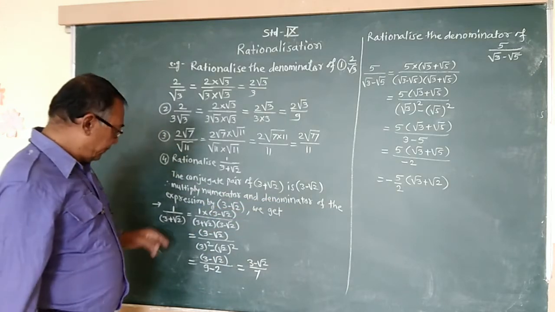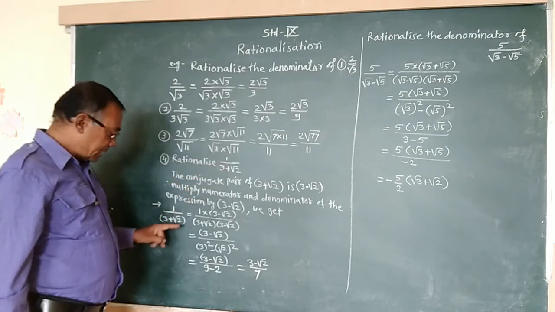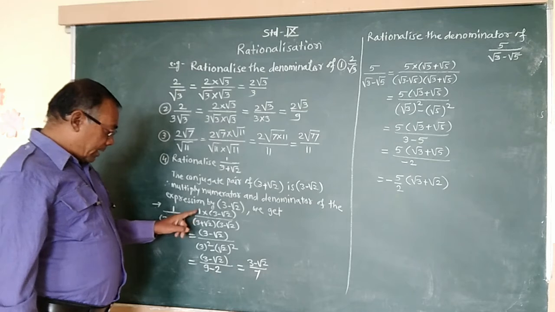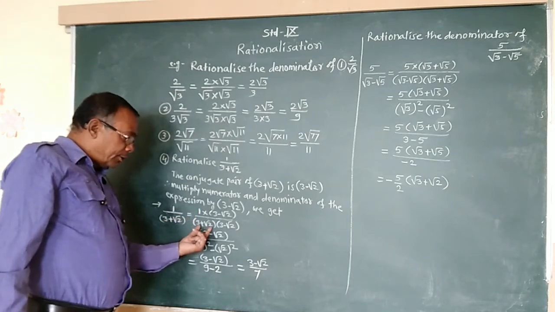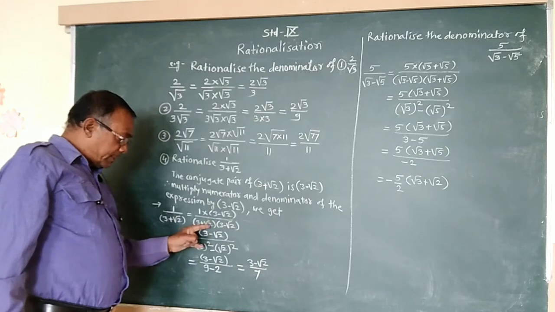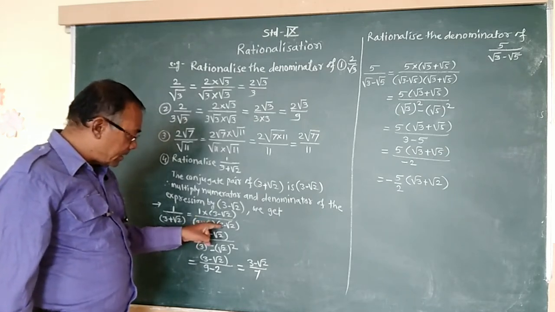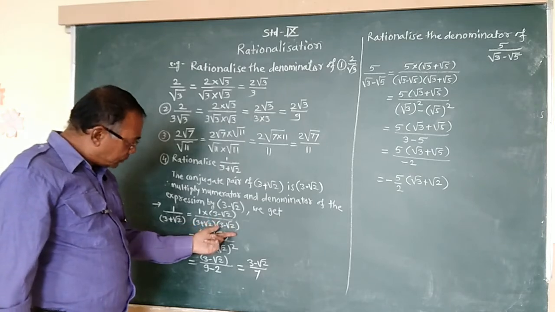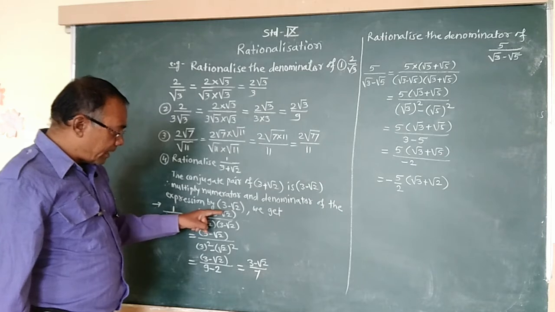We get, here I have written 1 upon 3 plus root 2 as it is. Again, 1 upon 3 plus root 2 is there, and I have multiplied the denominator by its conjugate pair. If 3 plus root 2 is there, its conjugate pair is 3 minus root 2, and we must also multiply the numerator by 3 minus root 2.